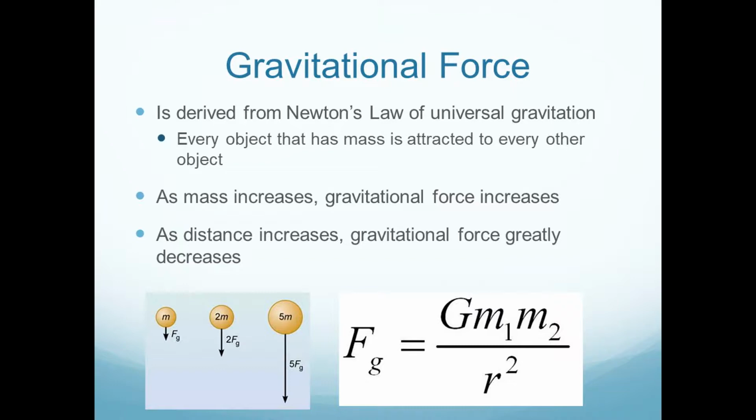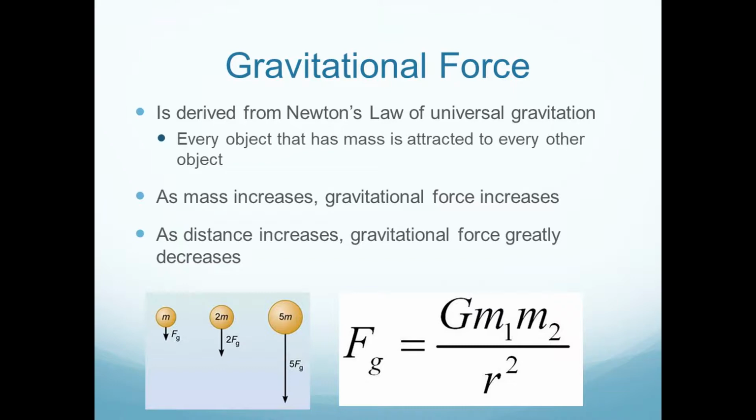So even though the sun has a greater gravitational force because of its mass, if you look at the distances between the sun and the earth and the moon and the earth, the moon is much closer to the earth, so it has a much greater gravitational force on the earth than the sun does.